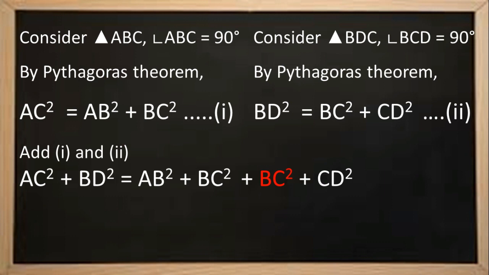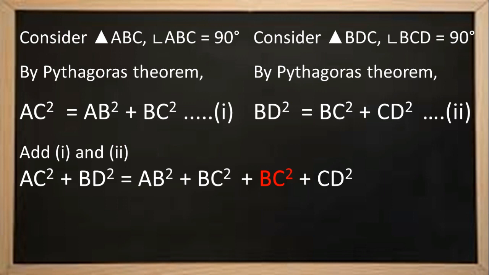After adding result 1 and result 2, the left hand side is AC square plus BD square that we have already obtained. Now let us concentrate on the right hand side, what we need. It is AB square plus BC square plus BC square plus CD square. Again, both the places we have BC square. Should we add BC square and BC square? Then what will be the result?